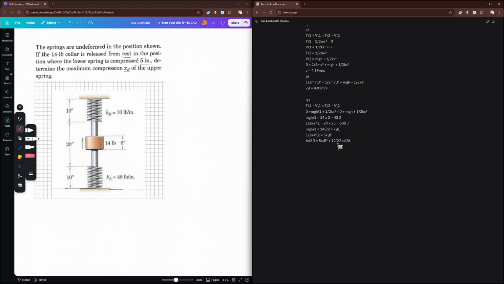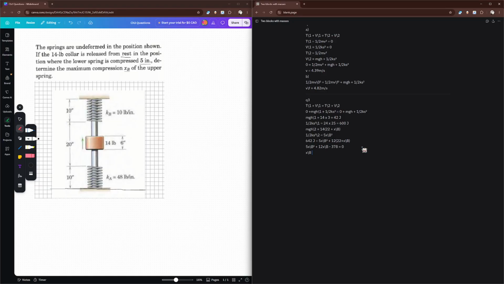And this is a quadratic, so you'd bring over your 642 here. 12 times 22 minus 642 is equal to -378. So you'd have 5xb squared plus 12xb minus 378 is equal to 0.